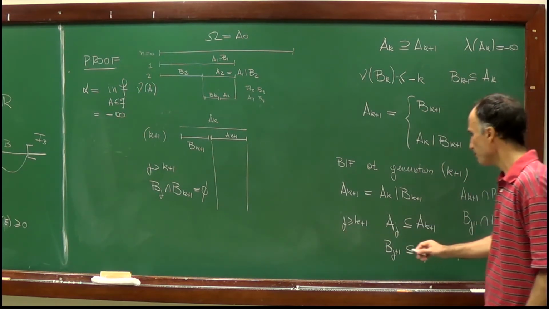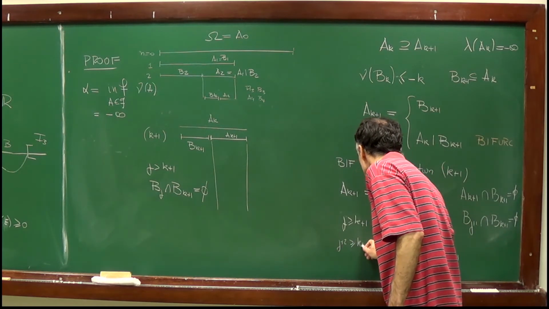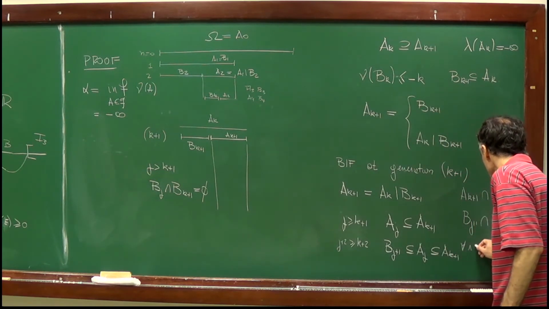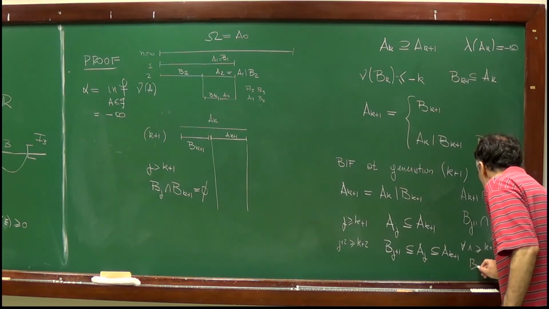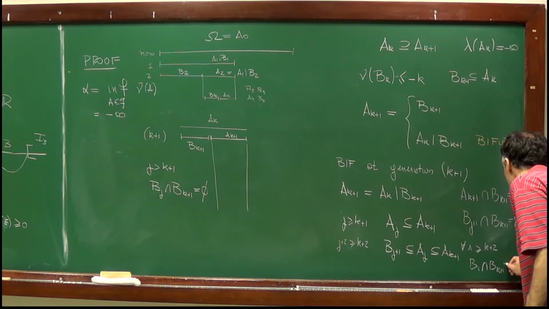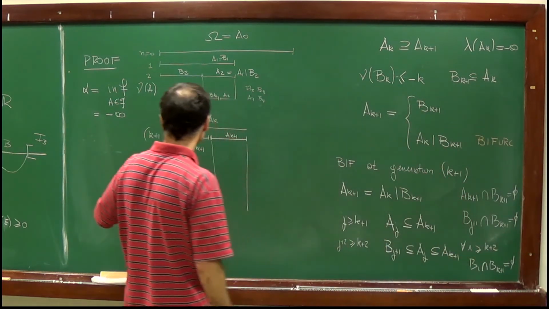So this means that for any j larger than k+1, so j+1 is larger than k+2. So this means that for all i larger than k+2, B_i intersection B_{k+1} is empty. And this is exactly what I was claiming, right?